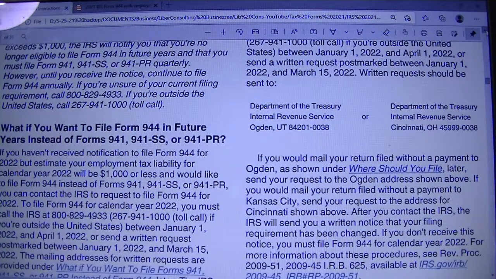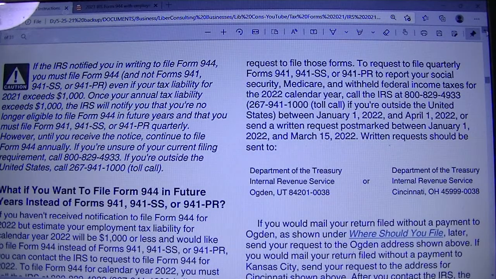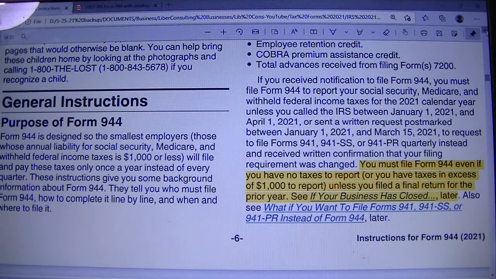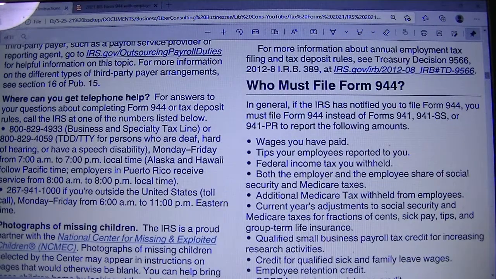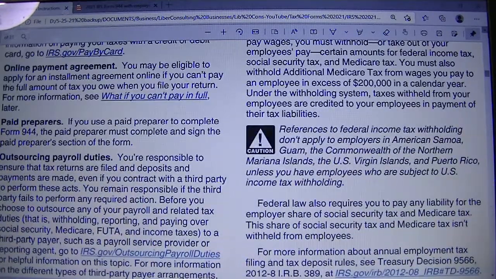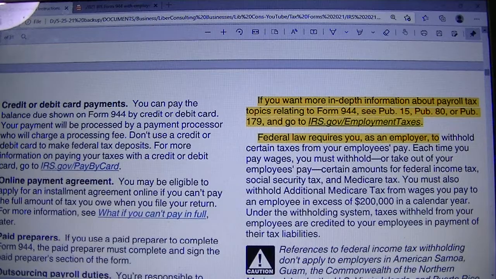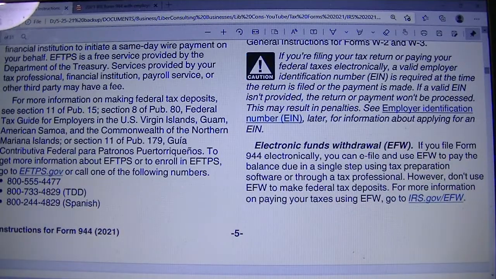It will be explained further down, but I'm looking for some terminology here. Okay.